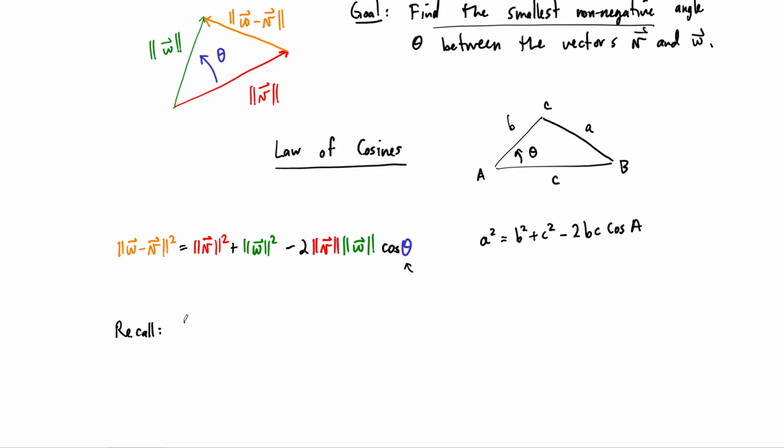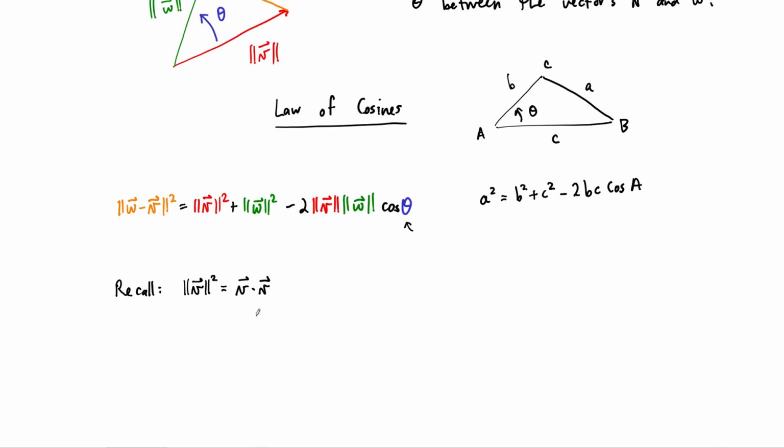So recall, first of all, that the length of a vector squared is equal to the dot product of that vector with itself, right? v dot v is the length of v squared. That's going to apply to all of these squares if we want it to. We definitely want to do it on this side, this w minus v. And we also have a distributive property, right?